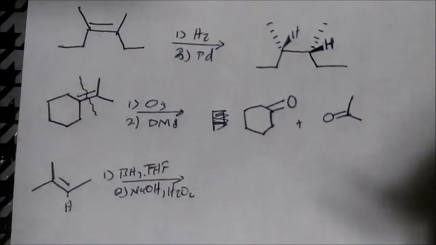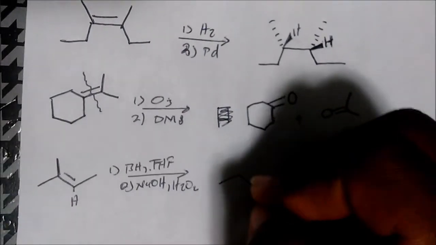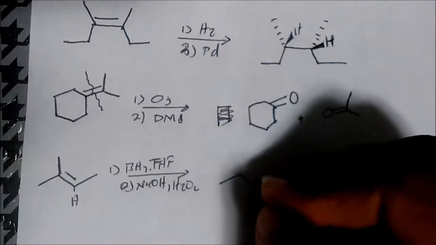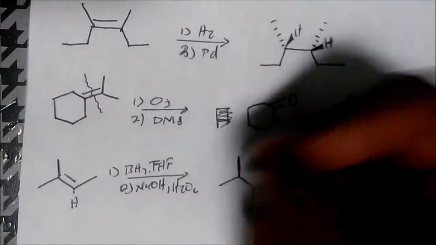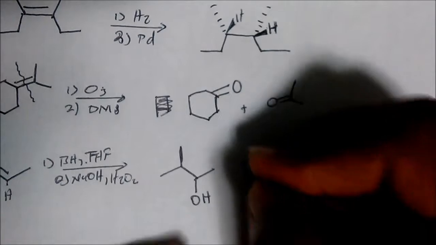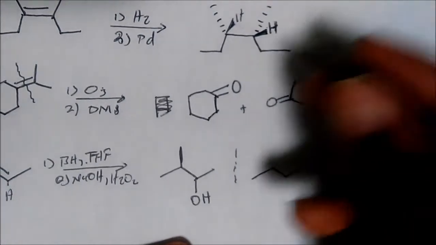Now, hydroboration, remember, there's syn addition in terms of stereochemistry, right? So you're going to get your alcohol on the least substituted part of the carbon-carbon double bond, and this will be your product. Now, if they ask you to show stereochemistry, this will be your product.